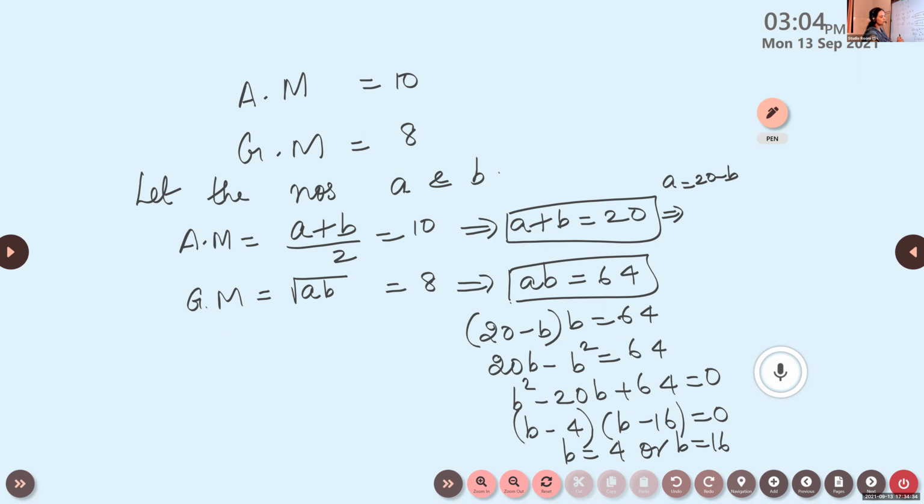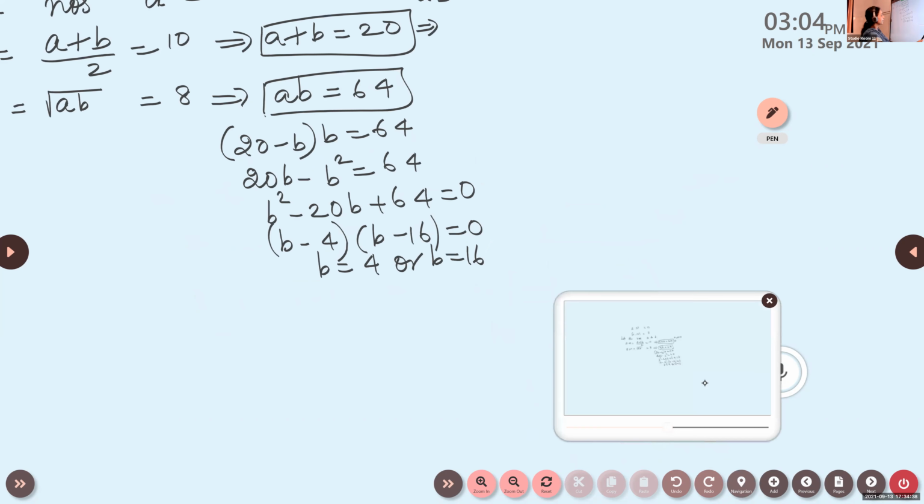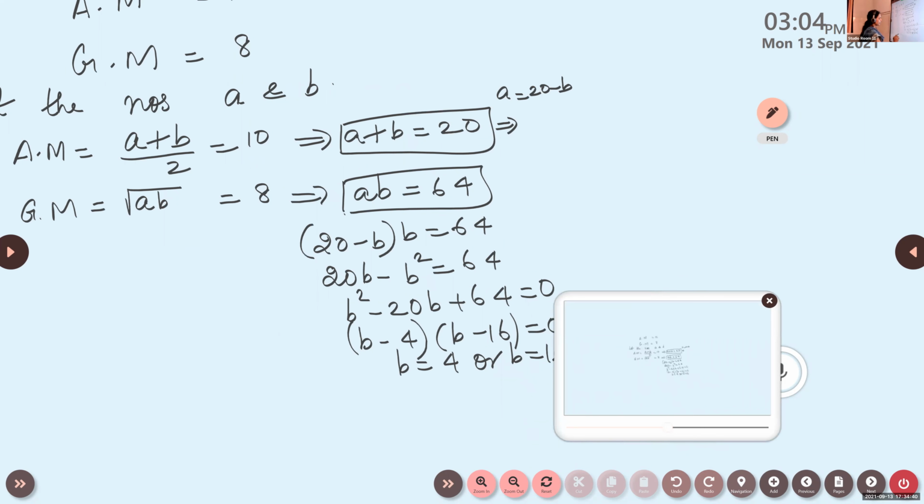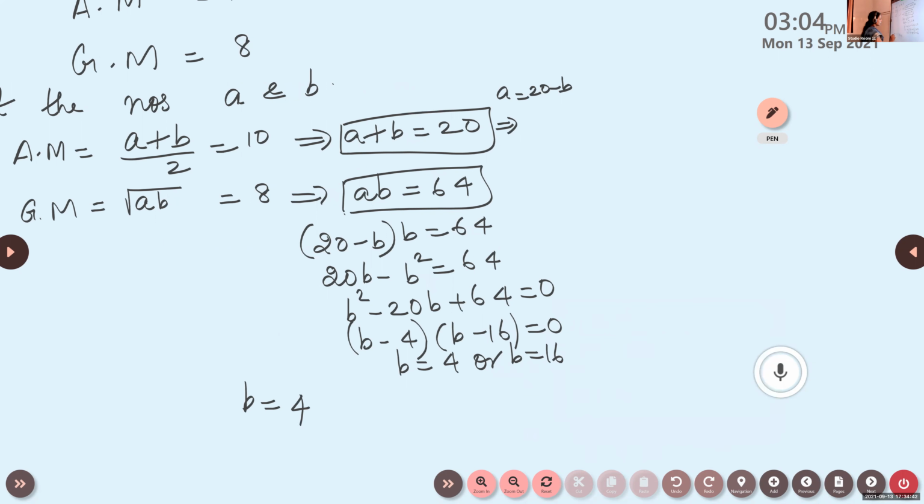So we get two values here. B is 4 or B is 16. When B is 4, what is the value of A? A is equal to 20 minus B, which is 20 minus 4, which is 16. Similarly, when B is 16, what is A?